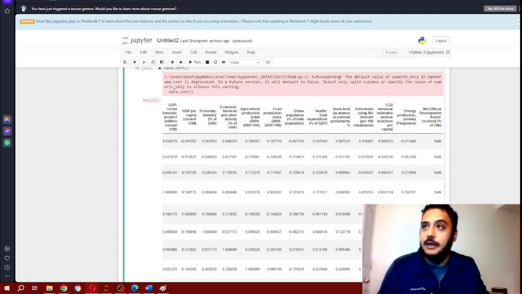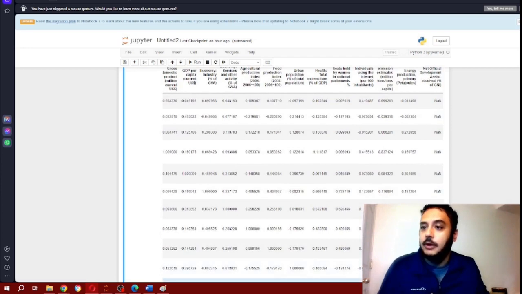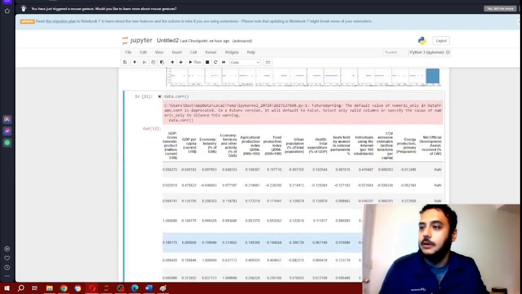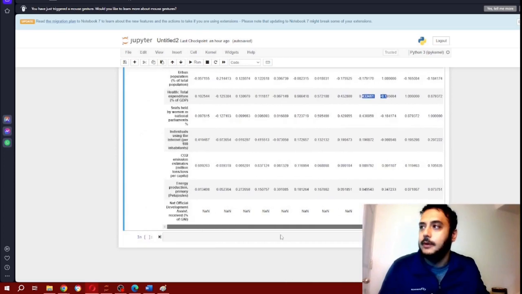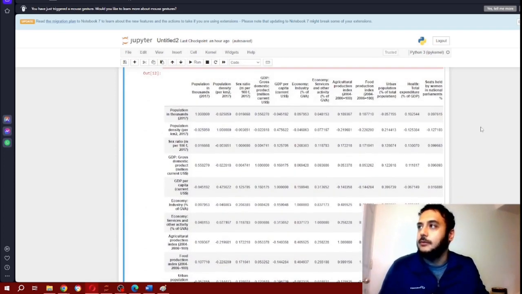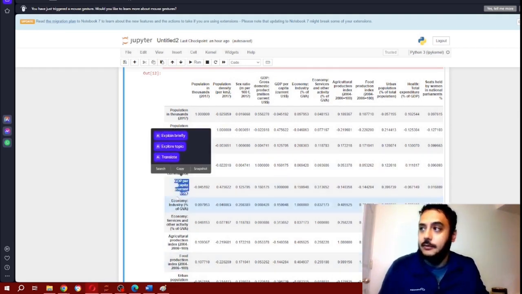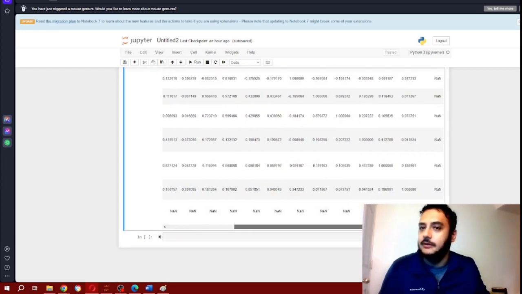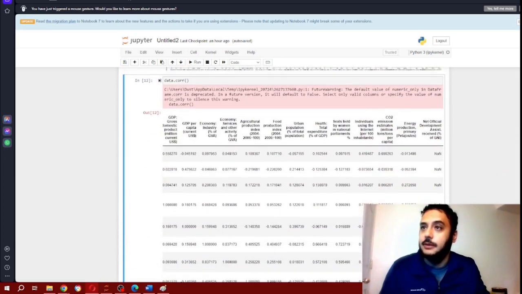One of my independent variables will be the GDP, current US dollar, GDP per capita in US dollars. And the next one will be population density, one of these, because I saw a higher correlation coefficient between them.